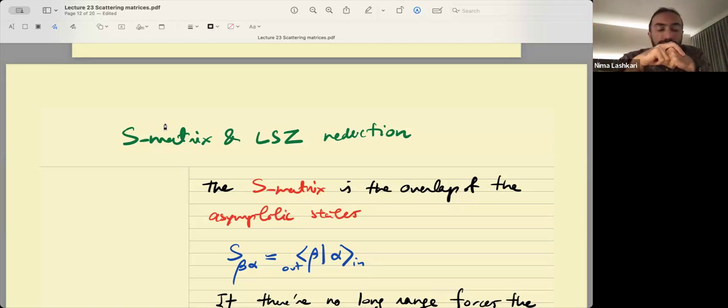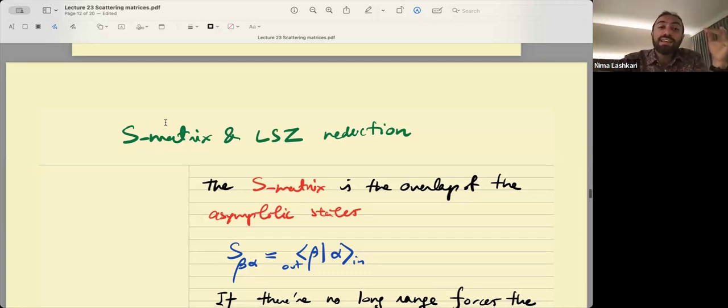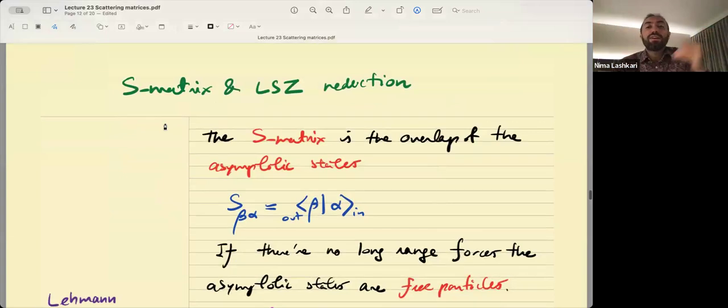The first guess you might have is that in the 2-to-2 scattering, these four momenta characterize the in and out states. The in and out states are states of the free theory, so these momenta are on shell.